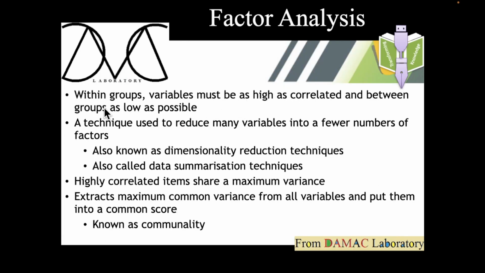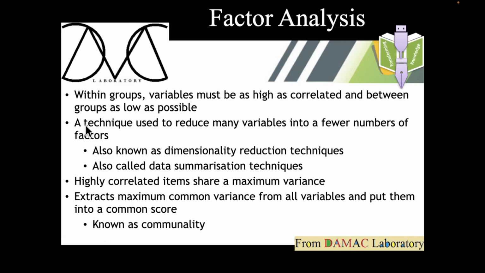So in factor analysis, variables within a group must have high correlation and variables between groups must have low correlation. As you have seen in clustering, the points within a cluster have high similarity and between clusters have low similarity. In clustering we use a similarity measure, and here we use the correlation between the variables.